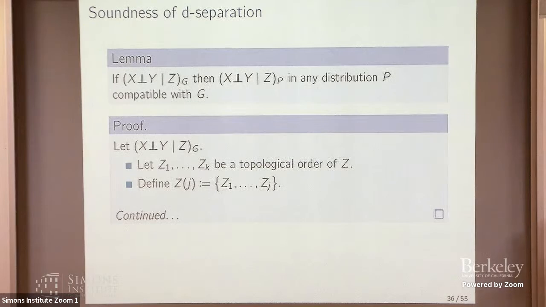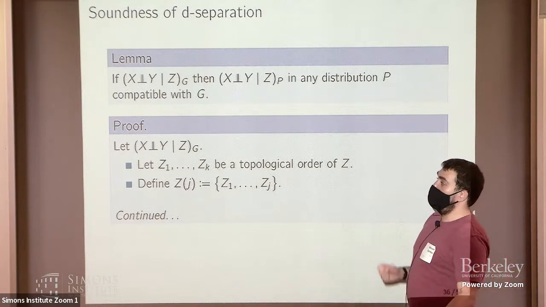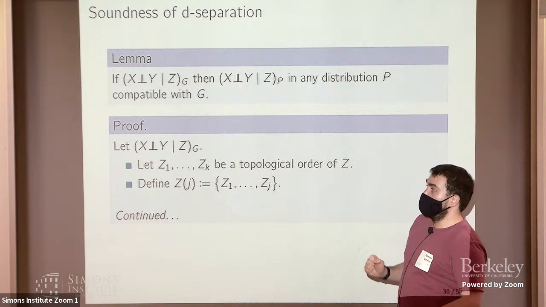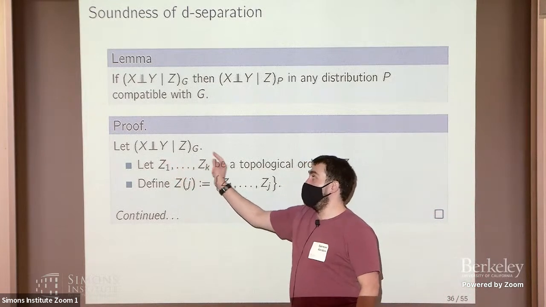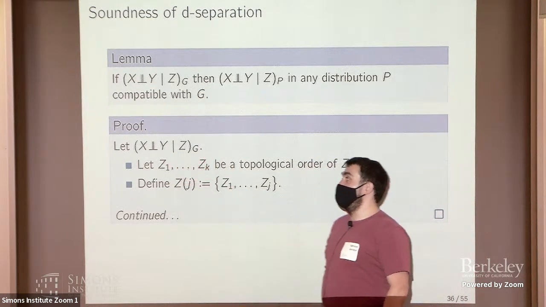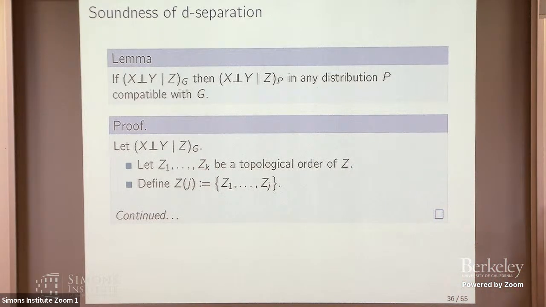So we're going to start by fixing some conditioning set z and some x and y that are d-separated given z. And we don't really need to fix x and y. The important thing is we fix our conditioning set, and we're going to transform our graph via a series of operations into a new graph in which the conditional independence of x and y given z is manifestly evident.